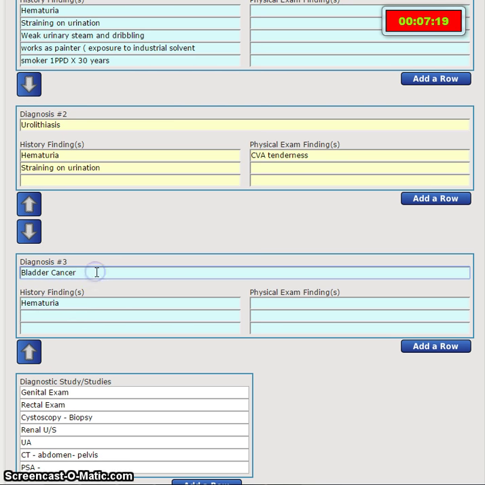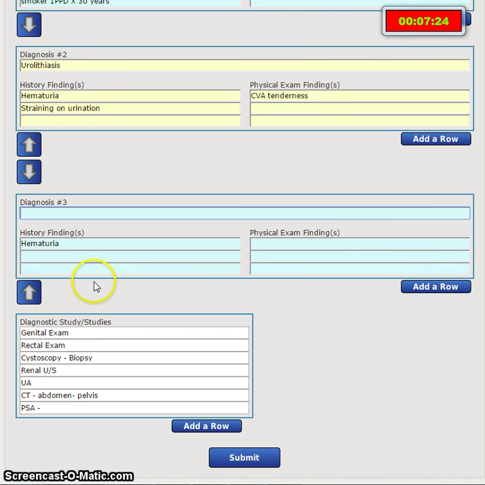The third is a benign prostate hyperplasia. Hematuria supports this? No, hematuria is not specific for benign prostate hyperplasia. It's more like a secondary polyuria, because the kidney is producing the same amount, but the bladder cannot expel enough.